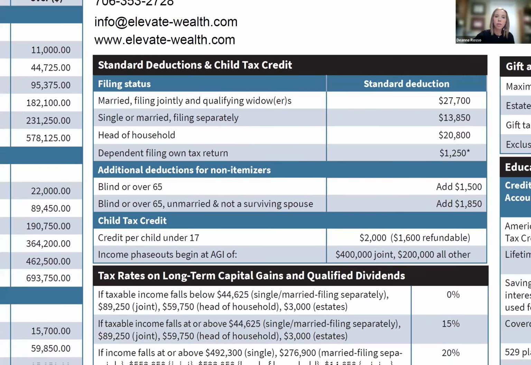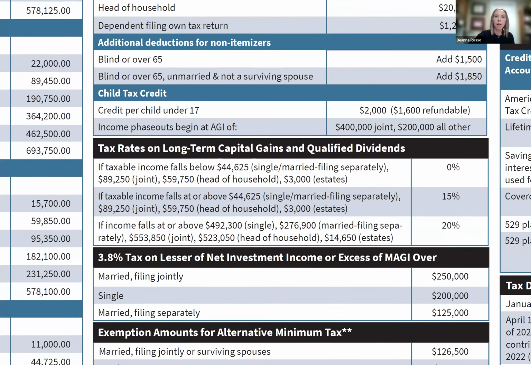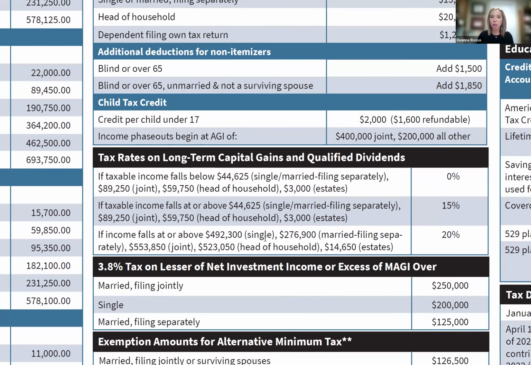Okay, another question that I get a lot is, what are the tax rates on long-term capital gains and qualified dividends? Particularly when we're thinking about how we save for retirement and how we turn those retirement savings into retirement income, a lot of the time we're thinking about different sources of income that we can use to be most tax efficient. Long-term capital gains and qualified dividends are a great example of this.